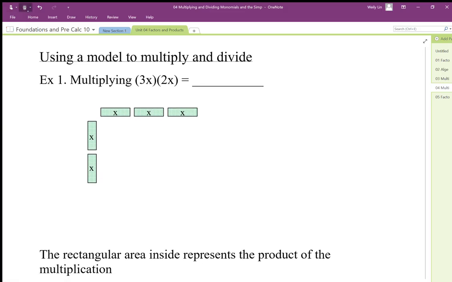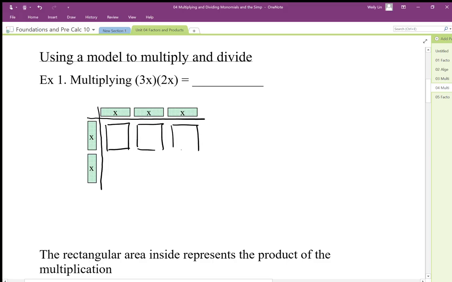So why is it that we can just say it's numbers times numbers and letters times letters? Well, if we take a look at 3x times 2x and we use our model, and our model is always going to be area when we have multiplying two things together. So there's my length and width, and my area is going to be, we have these squares are then going to represent the areas of x squared.